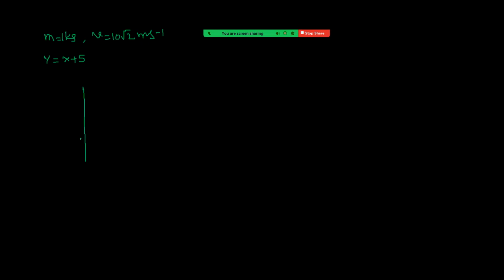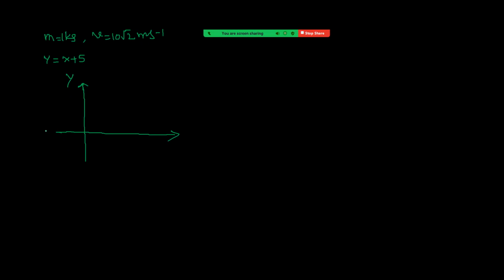Suppose this is the y-axis. This is x and this is y. And you can see here, it is a line equation with a positive slope and positive y-intercept. Okay. Slope is positive and y-intercept is positive.